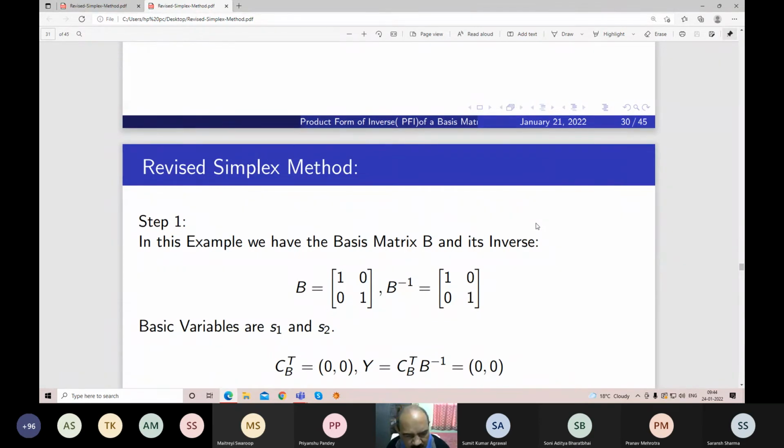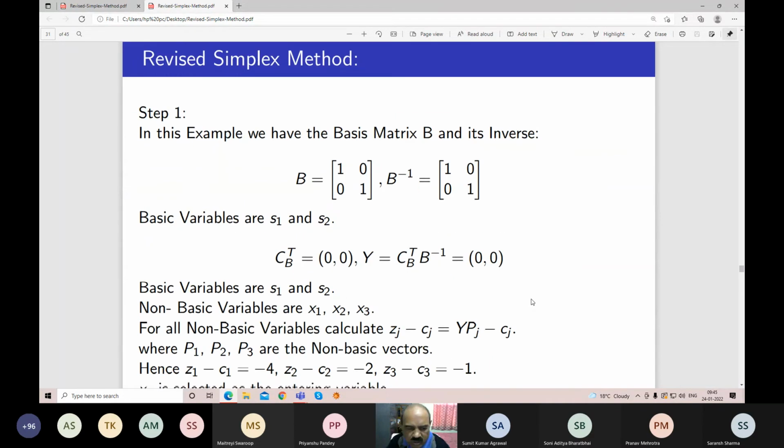So once a problem is given, formulate only one table. Initially, the basis matrix, either 2 by 2, 3 by 3 or maybe 4 by 4 depending on the problem, and its inverse are both known to us because the basis matrix inverse is also an identity matrix. With respect to the basis matrix we have the CV. What is CV?